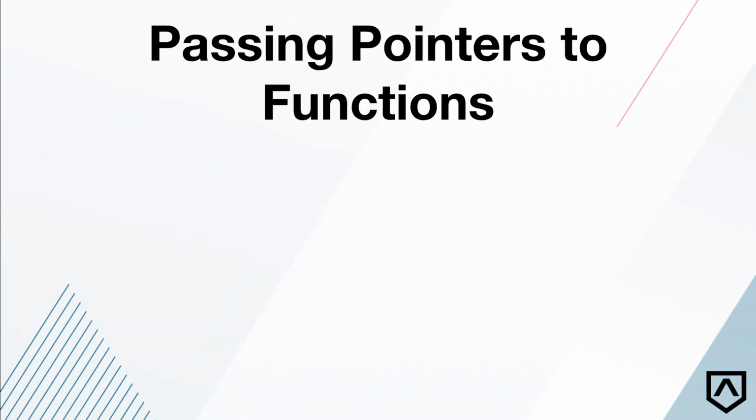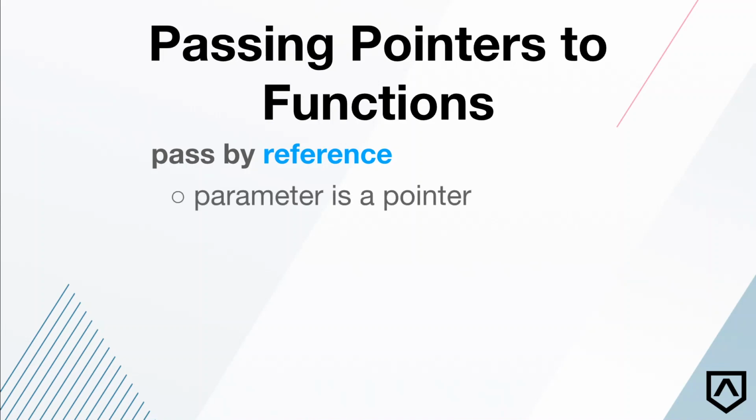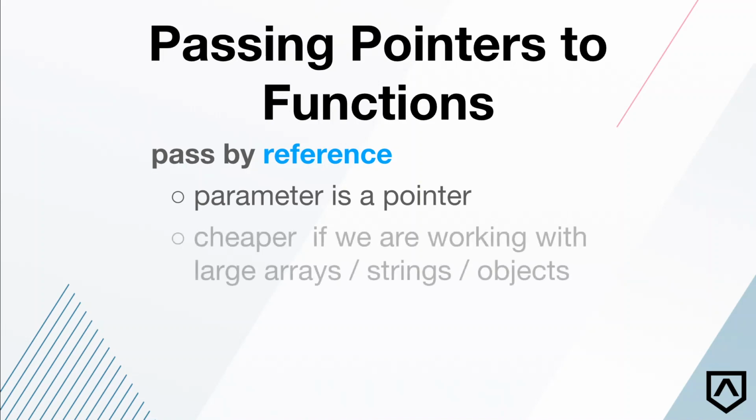So we can actually pass pointers as parameters to our function, and we refer to this as pass by reference. So we're not passing a value to our function, we're actually giving it an address, and we can use that address to go get a value that we need to use. So when we're passing parameters by reference, the parameter is a pointer. Okay, this can be cheaper, more efficient if we're working with really large arrays or strings or objects.